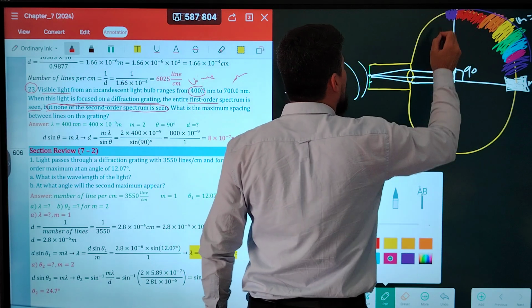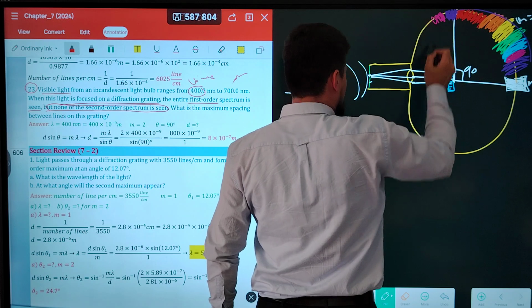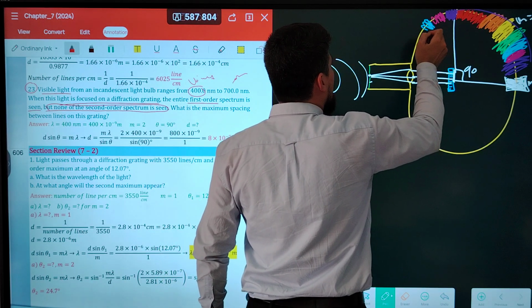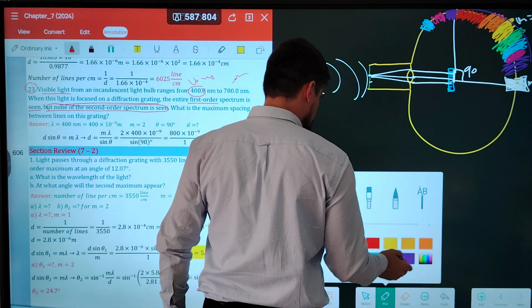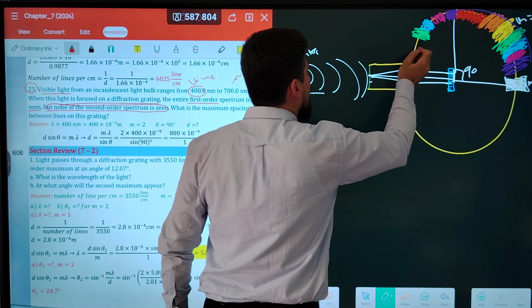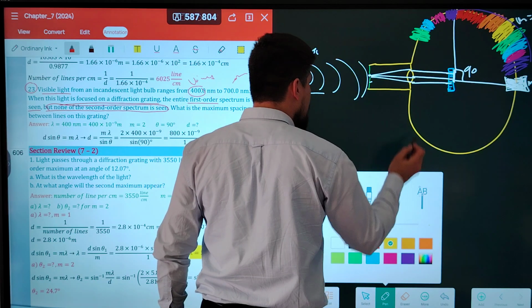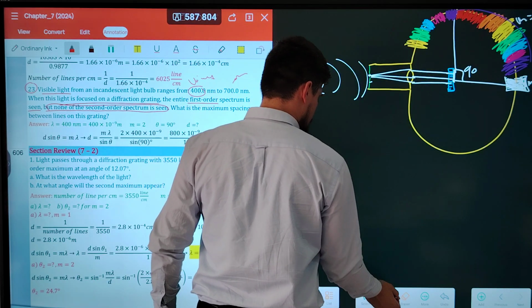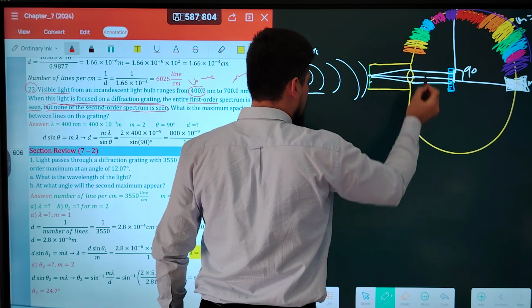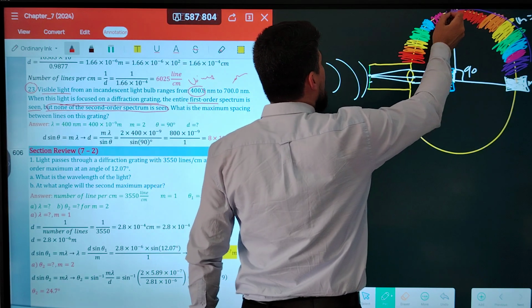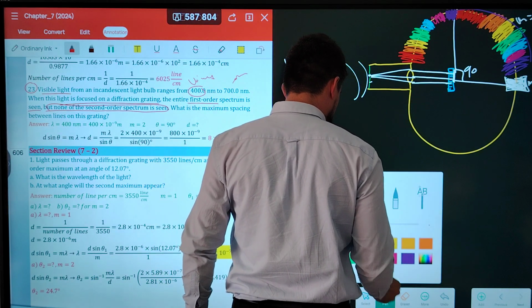After violet, indigo. After indigo, we have blue, after blue is green, and after green, yellow, orange, red.